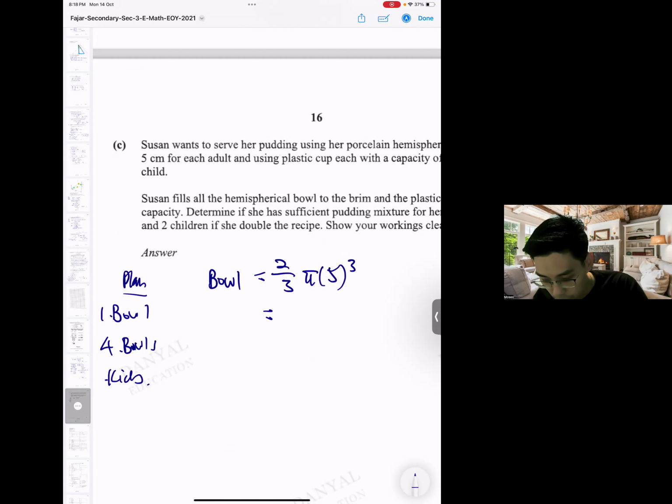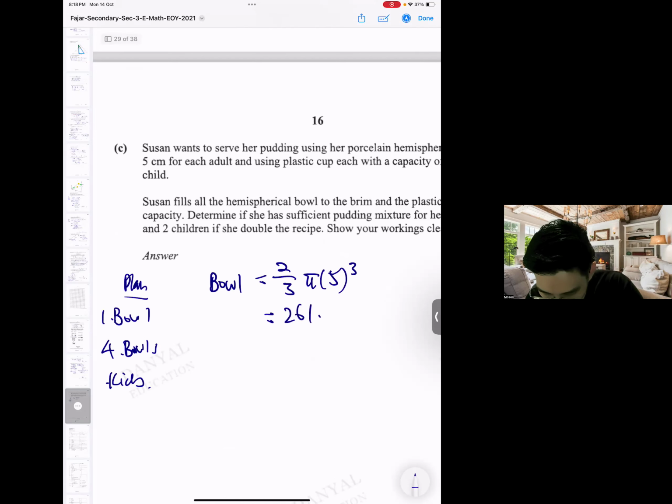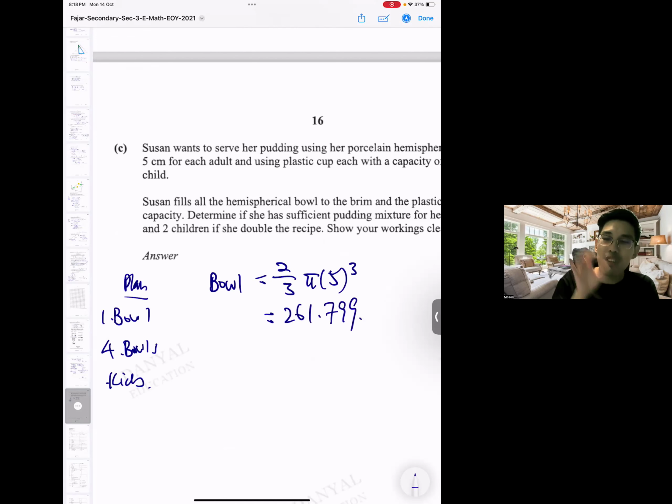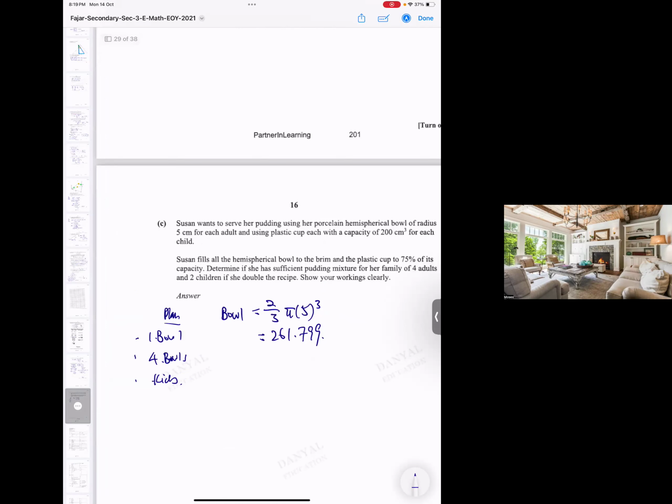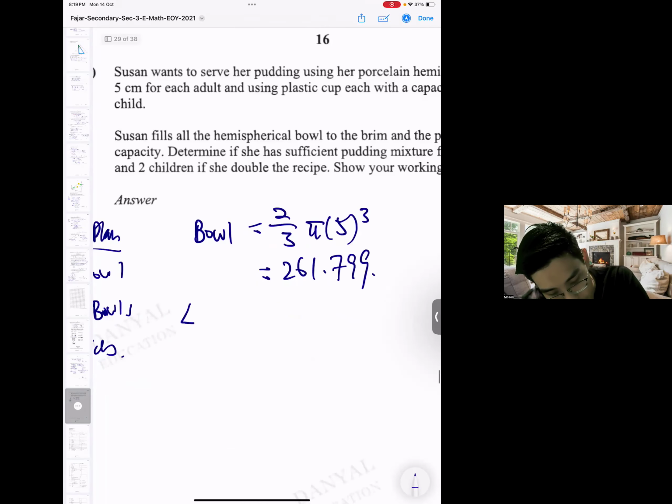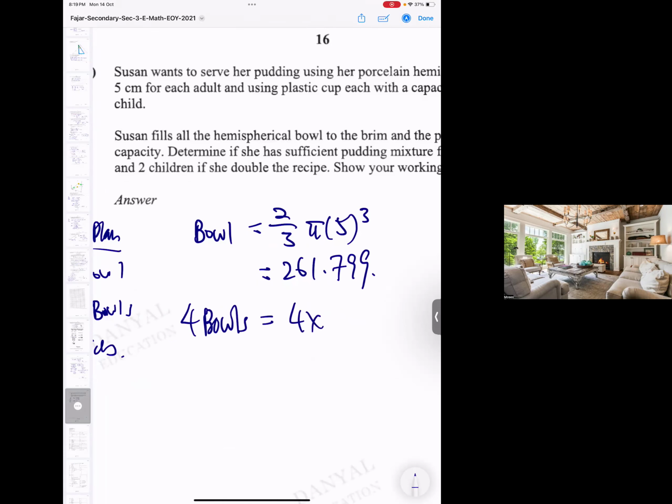This one you should know already. So it should be 261.799. The answer looks ugly, but same thing, don't need to write everything from the calculator, since you're using the value later. Then I want to fill to the brim for 4 adults, so I'm looking for 4 bowls, which will be 4 times this.